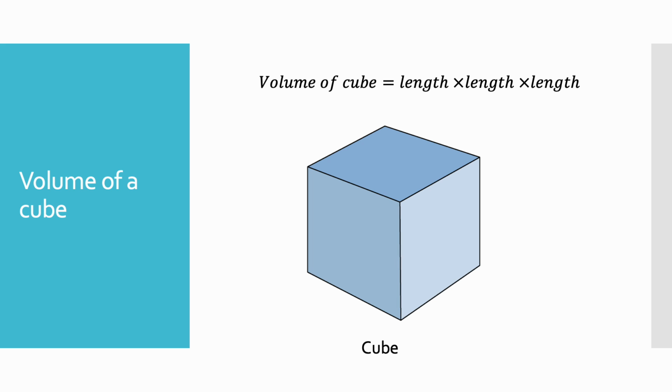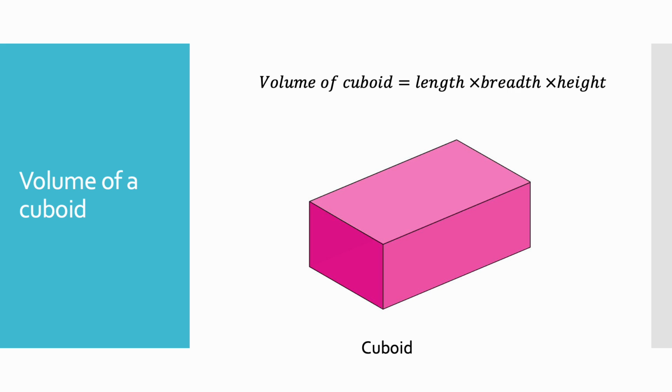Let's find the volume of a cube. A cube has all sides equal. So the formula is volume equal to length multiplied by length multiplied by length. Now let's look at another shape, the cuboid. Cuboid is like a box. It has different lengths, widths and heights.